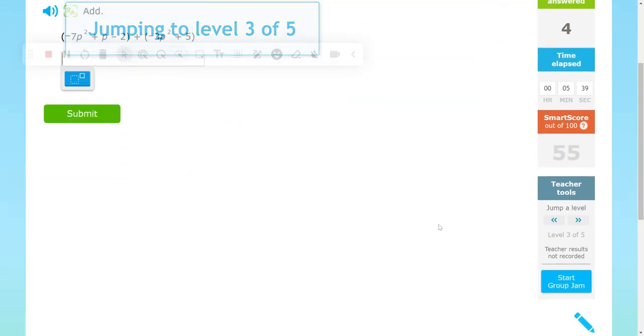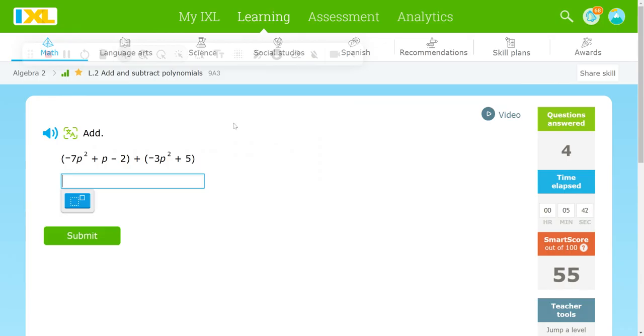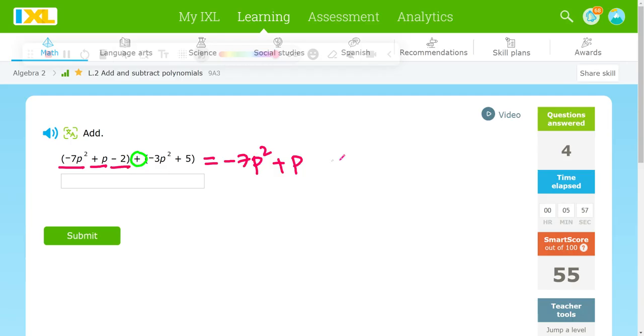Level 3. Same thing, there's nothing fancy. In front of this parenthesis is a plus sign, so we just open as you see it. Negative 7p squared, p, subtract 2, and then this one, subtract 3p squared, and then number 5. Now go and find like terms.